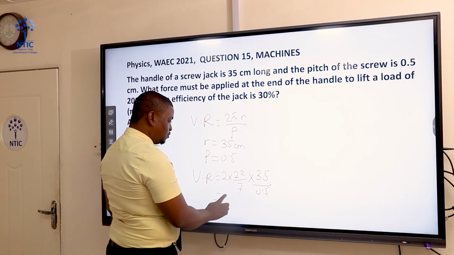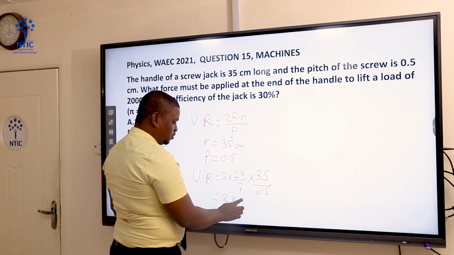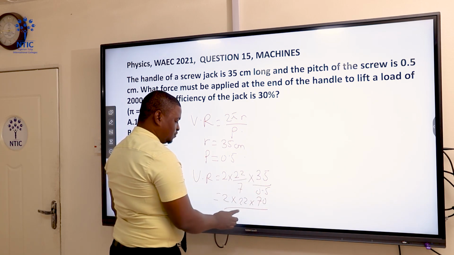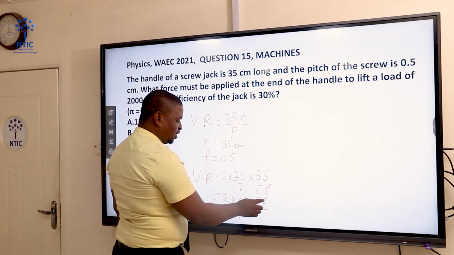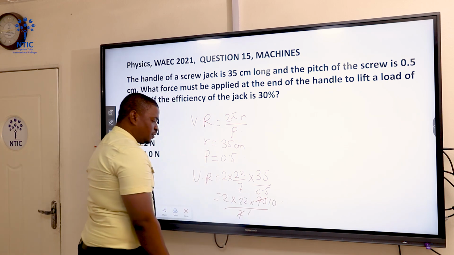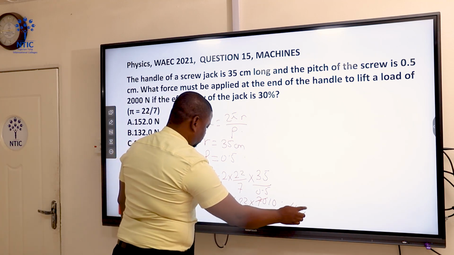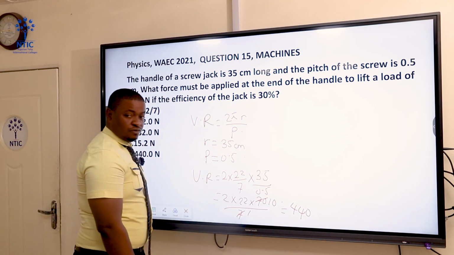Use your calculator: 2 times 22, and 35 will give me 70 over 7, so this gives me 10. That will give me 44 times 10, which is 440. That is the velocity ratio.